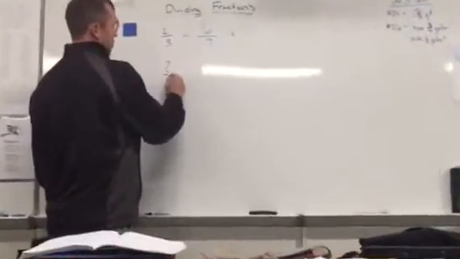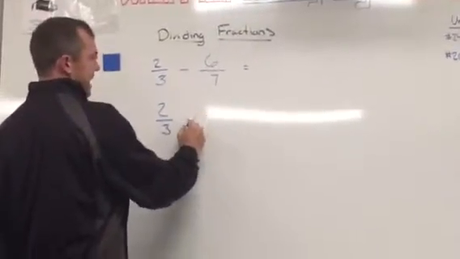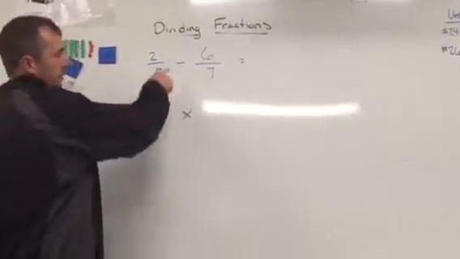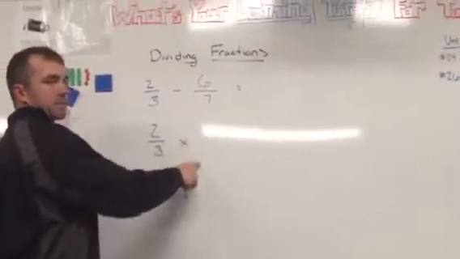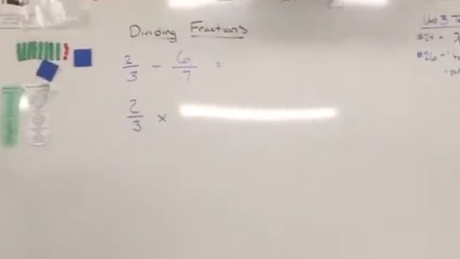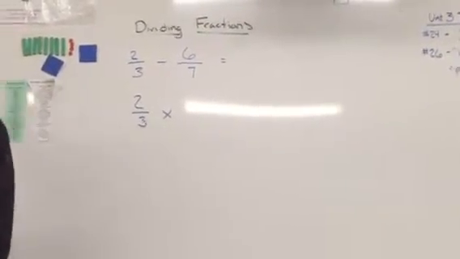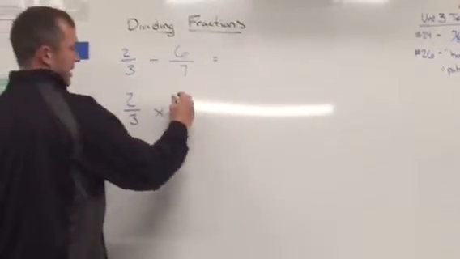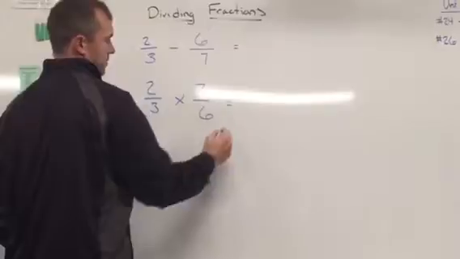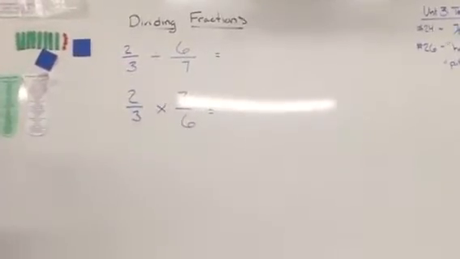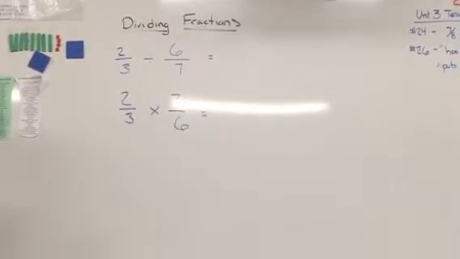Good. If I flip the division sign to a multiplication sign, what do I have to do to the second fraction? Reciprocal. You flip it to its reciprocal. Good. So that means you're going to change it to 7/6. Okay? Now let's just finish this problem.